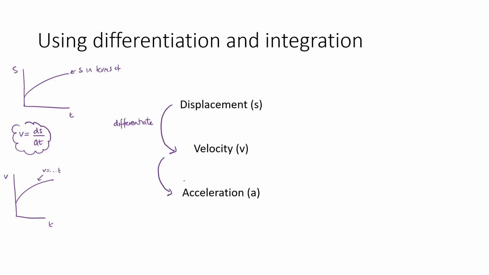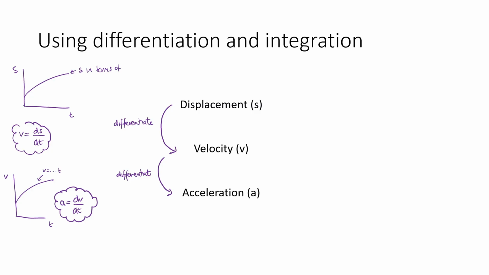So if I differentiate v in terms of t, then that is going to give me a formula in terms of acceleration. So that means that a is going to equal dv over dt. So if I know the equation of each of those, I can then work out the gradient function at any particular point of those.